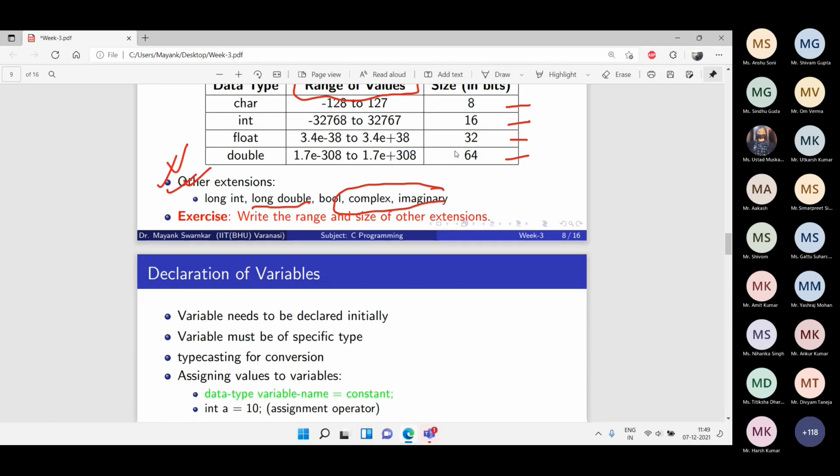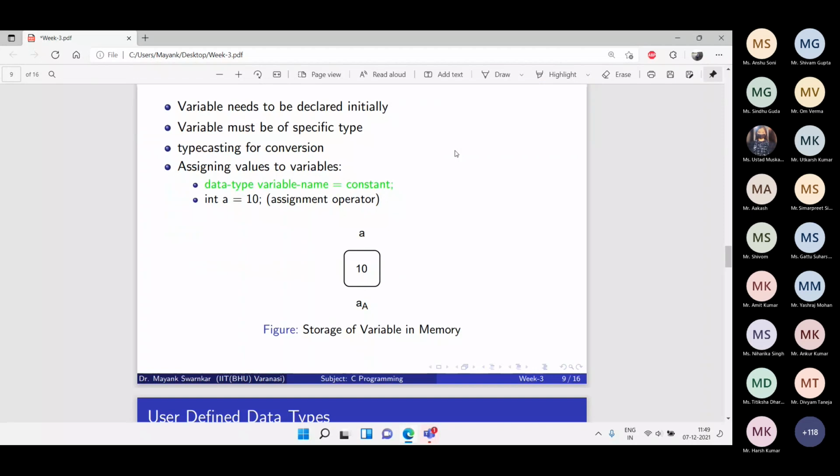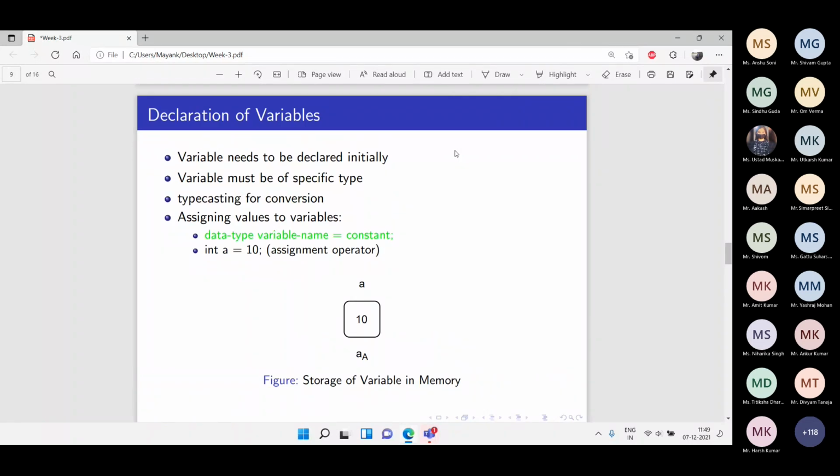Okay. Now how we declare a variable, we have already seen. A variable needs to be declared initially in a program. If you want to use something like a variable, then you have to declare it. So a variable must be of a specific type. Like if you do int a, then you can only assign an integer value like 5.